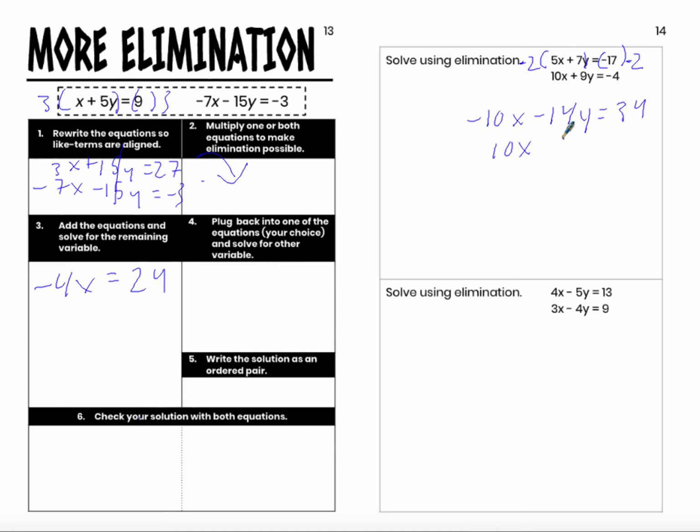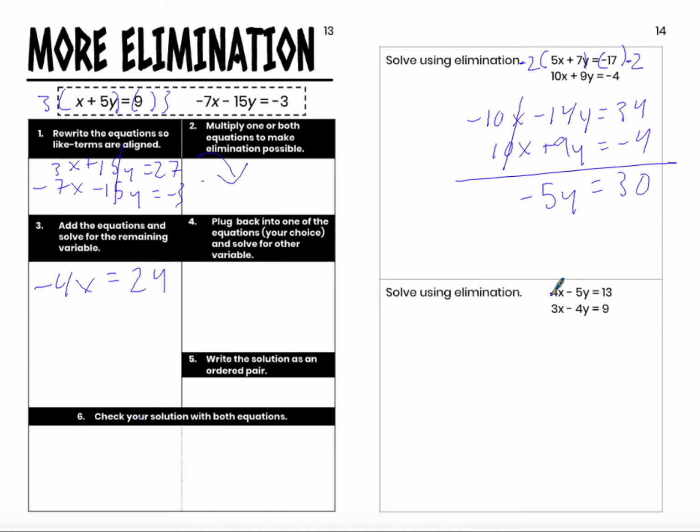If we multiply it by negative 2, it's ready to go. Negative 10x plus 10x, we have negative 5y equals 30. Again, a one-step equation. We solve for y this time. Plug that y value back into either equation to get x.